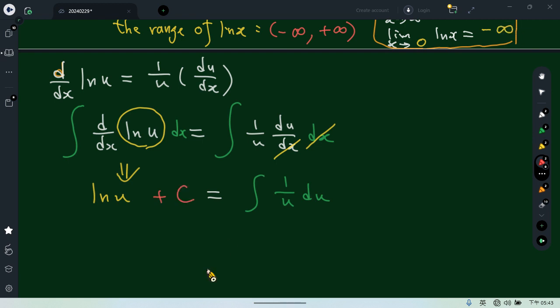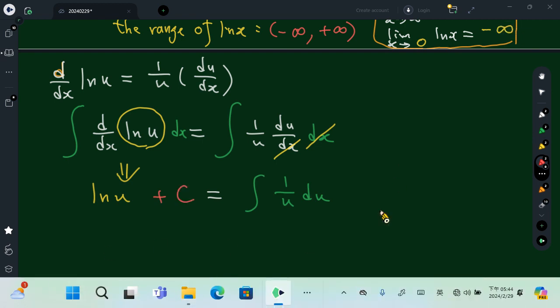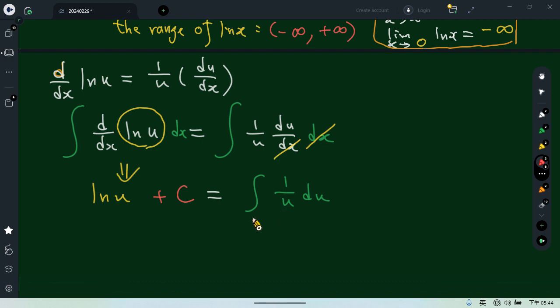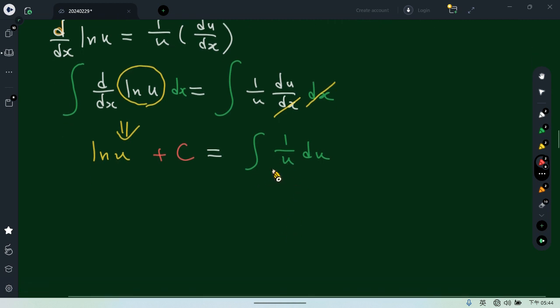Don't forget, this is not a definite integral, right? This is not definite because we do not have a precise starting point and end point here. So finally, we get this result. Okay, so please just remember this.